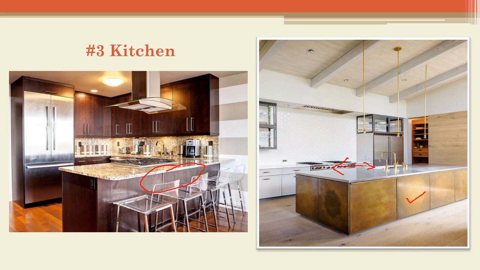If we reverse this picture and have the stove in here instead of the sink, that would also be a no-no. So the clash is a no-no, but an island stove is also a no-no.